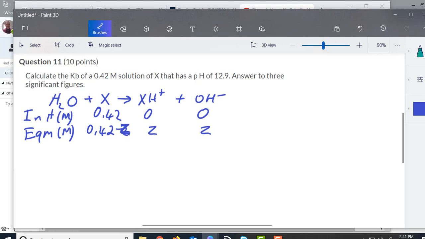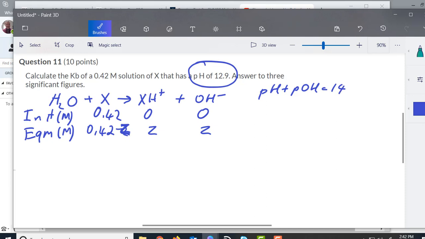We've got pH of 12.9, but what we're interested in is the OH minus, and this presents a problem to us. So that pH there needs to be converted into OH minus. Now what we're going to use here is this equation: pH plus pOH is equal to 14.